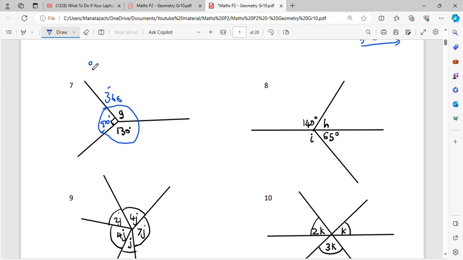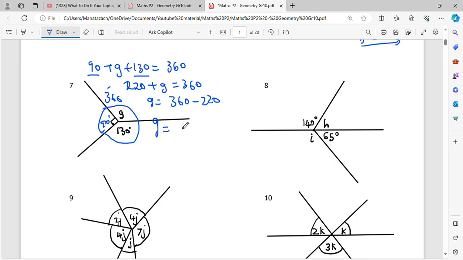So basically we'll say 90 plus G plus 130 is 360, and 90 plus 130 would give us 220 plus G, so G is equal to 140 degrees.